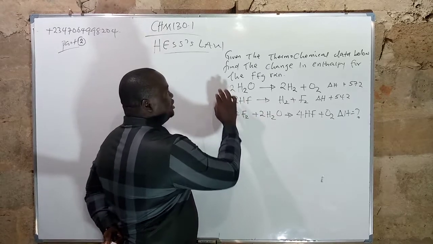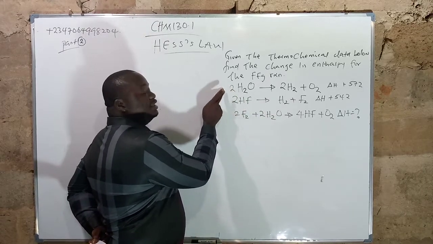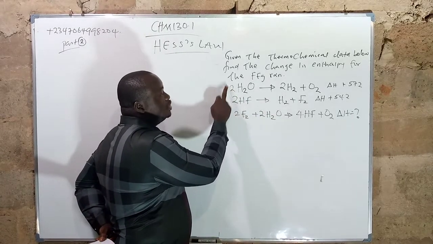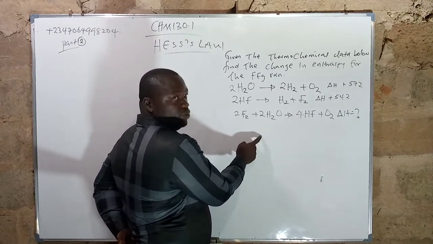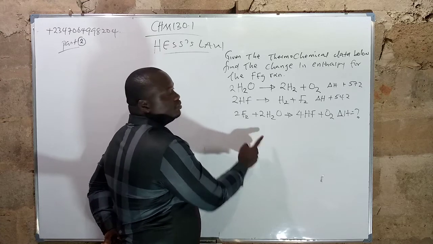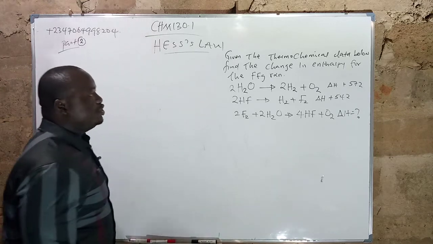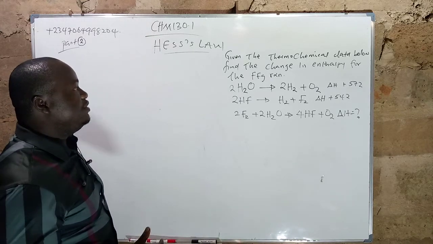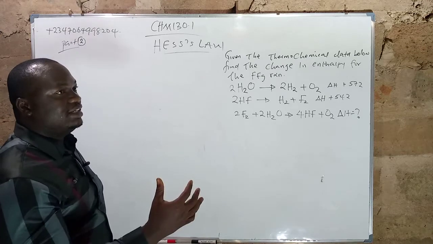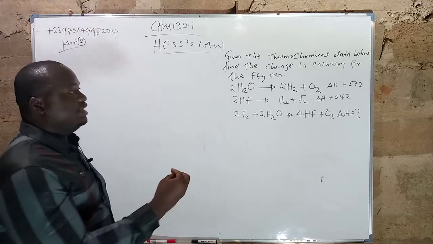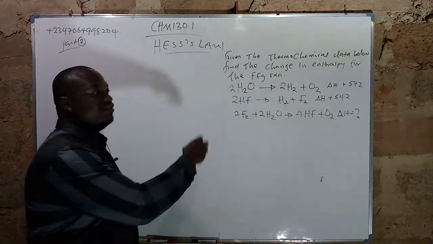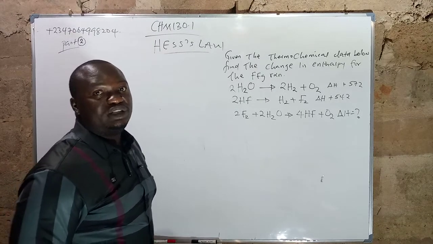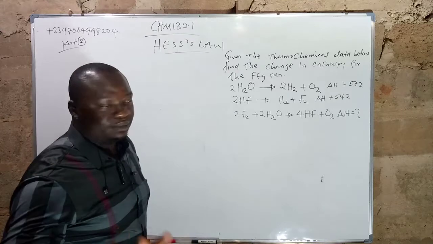Our aim is to make the first and second equations look like this third equation. Like I said, if a compound or an element appeared in both the first and second equations, that is not our problem.